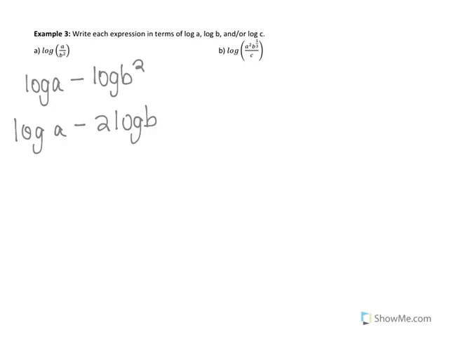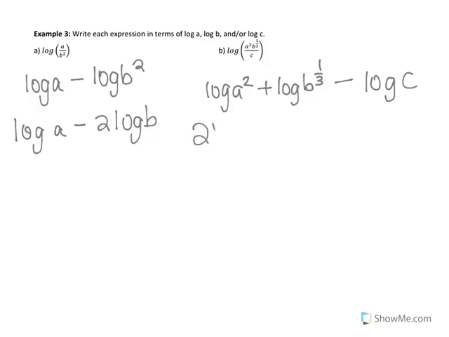Next one, I have log of a squared plus log of b to the power of 1/3, subtract log base c, so we subtract for the ones that we are dividing. So this can turn into being 2 log a.